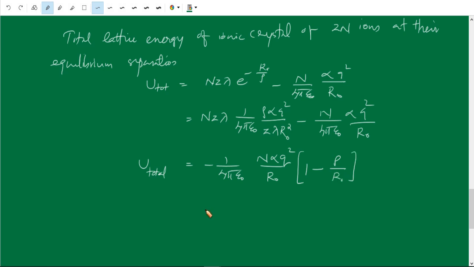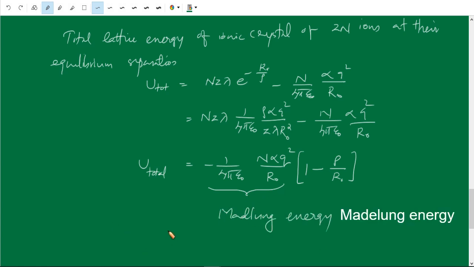The term minus 1 by 4 pi epsilon 0 n alpha q square by r0 is called the Madelung energy, where alpha is the Madelung constant.